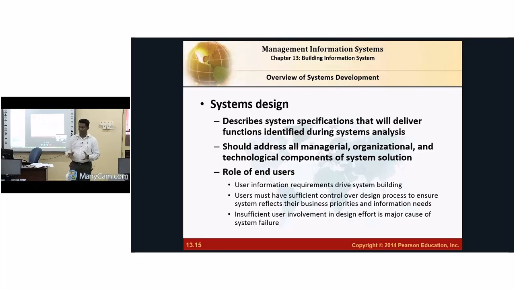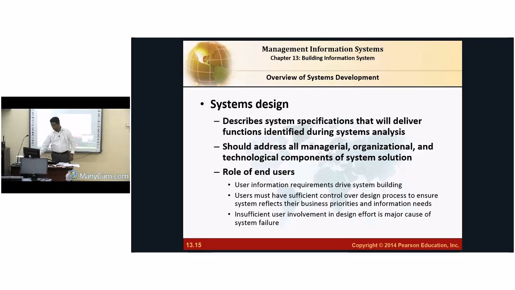So we prepare the core team inclusive of end users as well as technical users, right? So they'll be working as a team, and they are the ones who drive the entire designing and the implementation, right? So this is the practice nowadays.